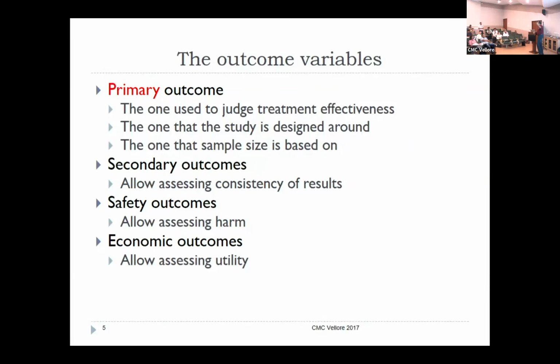So if you have multiple secondary outcomes and you want to test them, then you better have made sample size calculations for each one of those that you want to test, and then specify that. Let's say for the primary outcome, you need 400 people, and for secondary outcome number 1, you need 50 people. That's fine. For secondary outcome number 2, you need 800 people. So now your full study has to be 800 people.